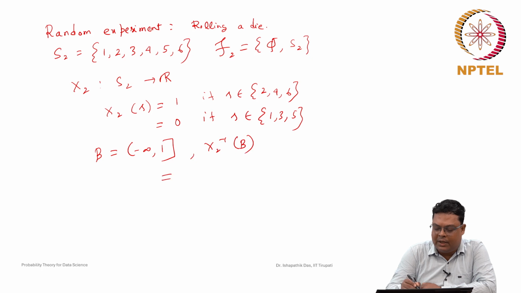How will we compute it? It is all the elements in S2 satisfying X2(s) less than or equal to 1 and greater than minus infinity.